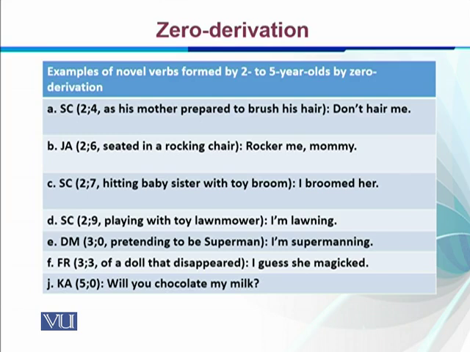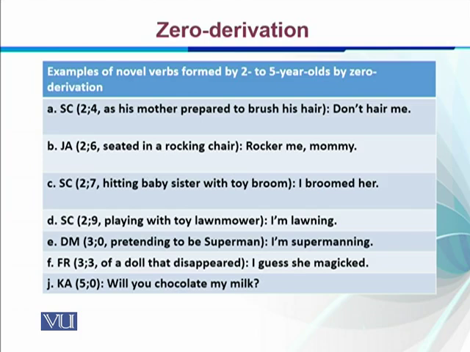Hitting baby sister with toy broom, "I broomed her," right? Playing with toy lawn mower, "I'm lawning." Pretending to be Superman, "I'm supermaning." Of a doll that disappeared, "I guess she magicked." And "Will you chocolate my milk?"